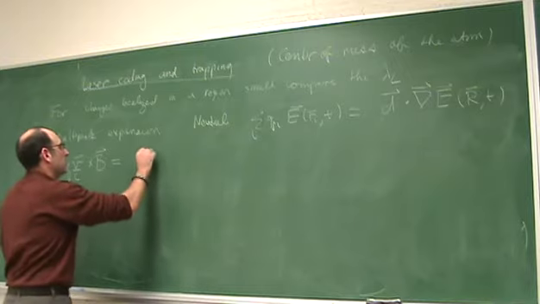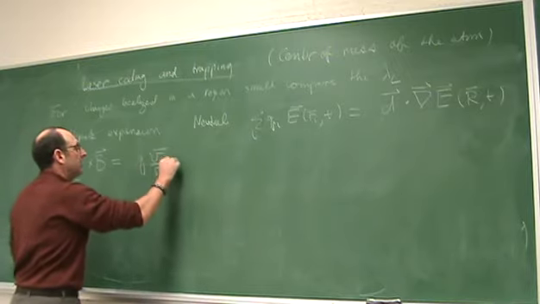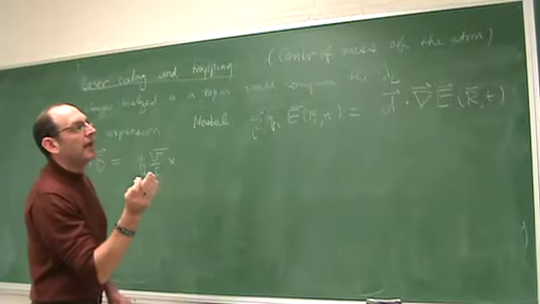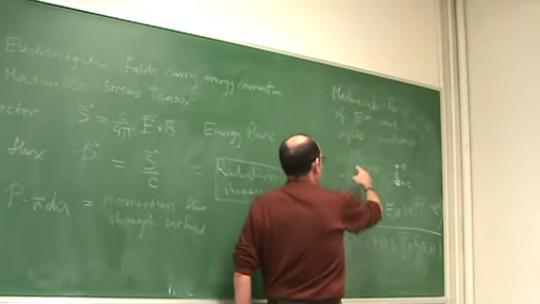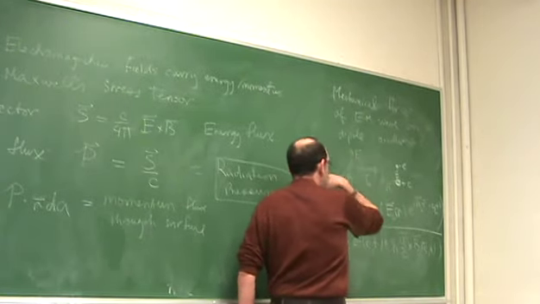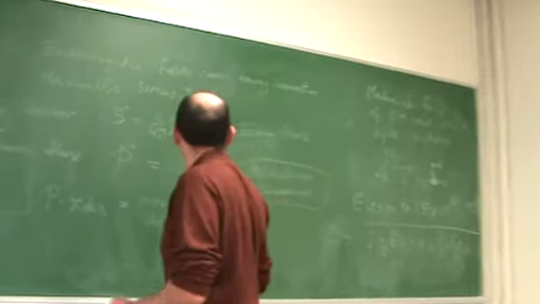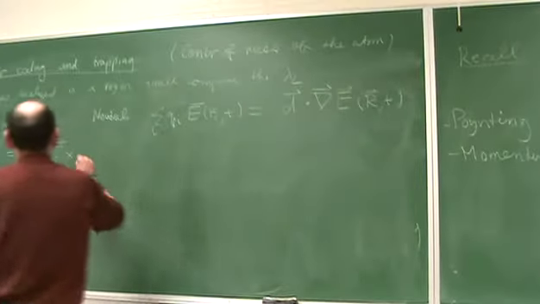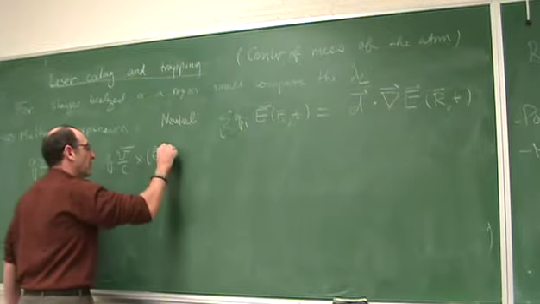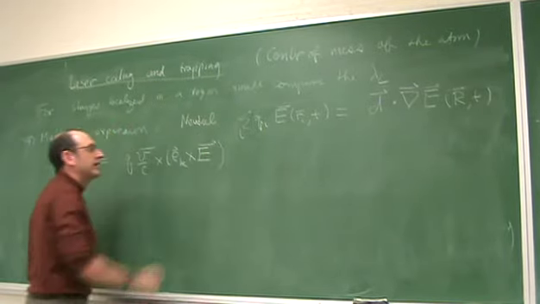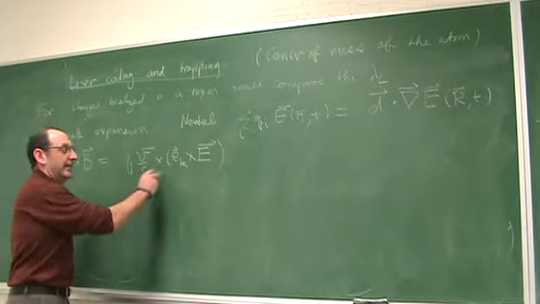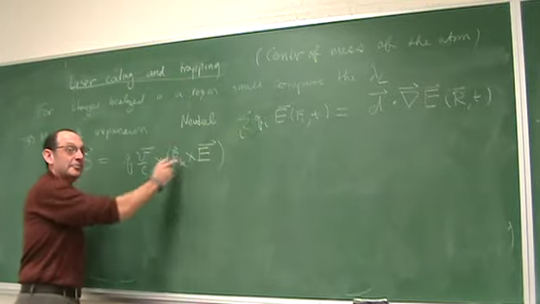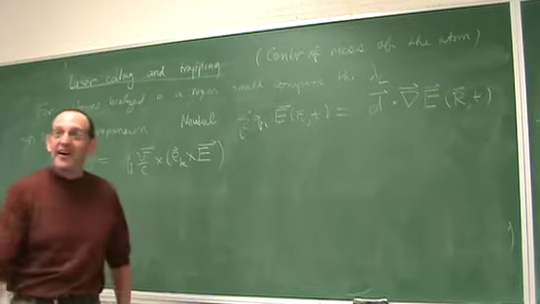And the magnetic field here is equal to, in these units, the magnitude of E and B are the same. The direction of B is just different according to the wave vector. So there's the direction of the wave vector crossed into the electric field. That's the magnetic field, right? K cross E is B. And if you like the other units, E over c is B, and then you don't have that c over there.